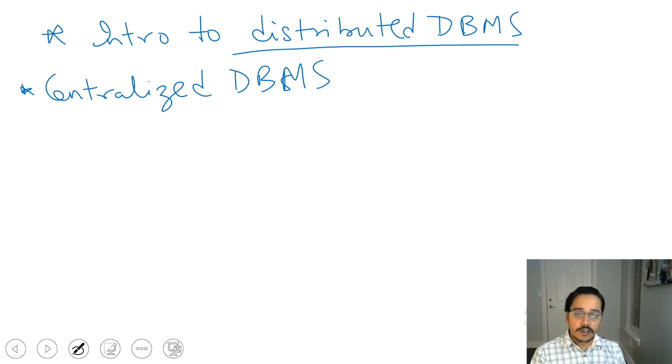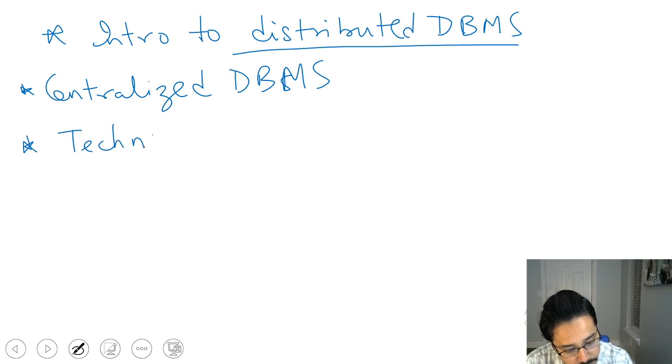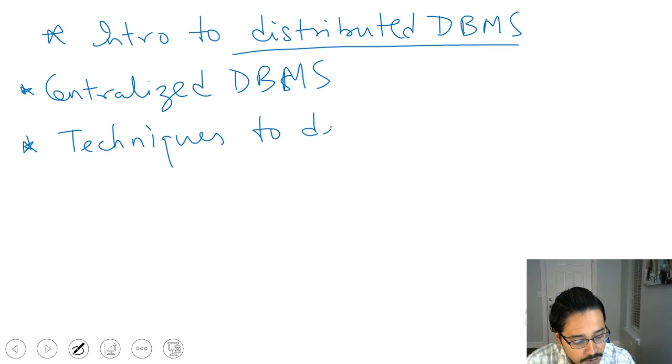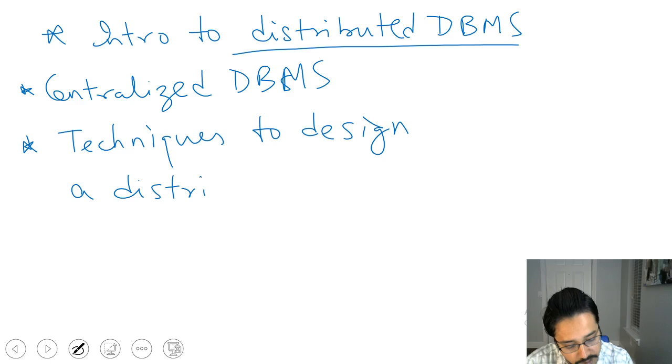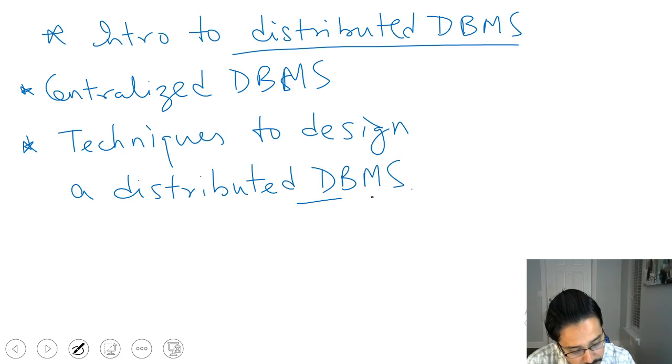It is going to talk about different techniques to design a distributed DBMS. Okay, so that is how we are going to be wrapping this course up, right?